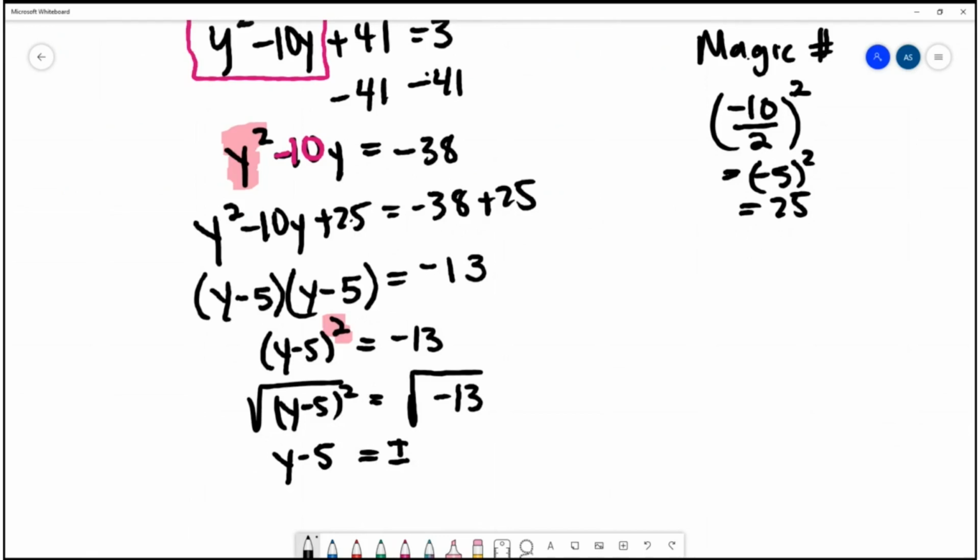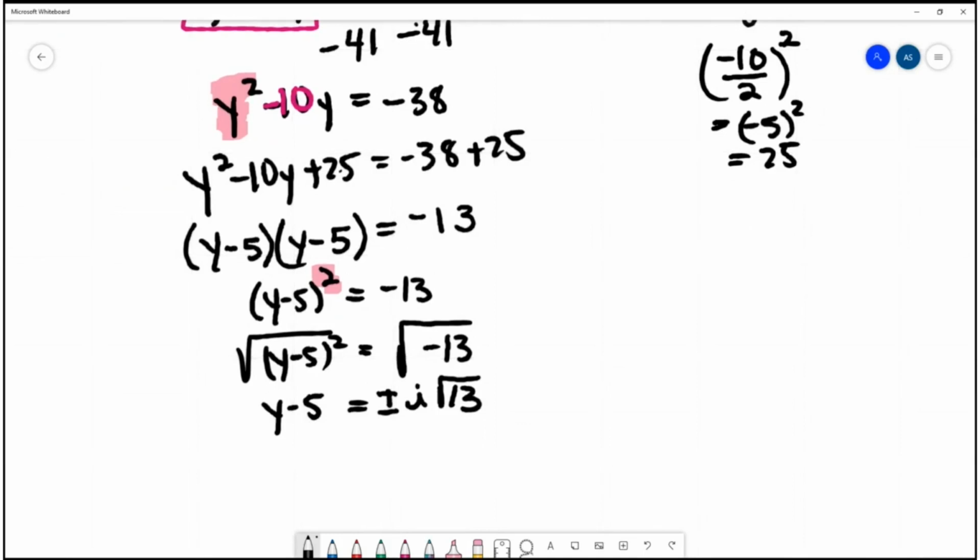And the square root of negative 13, the square root of a negative is i, and the 13 stays inside the radical. I'll solve for y by adding 5 on both sides. We have y equals 5 plus or minus i square root of 13. So we have our solutions to the equation, 5 plus i square root of 13 and 5 minus i square root of 13.